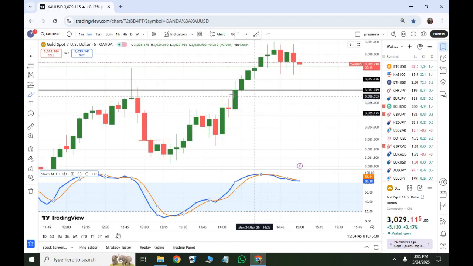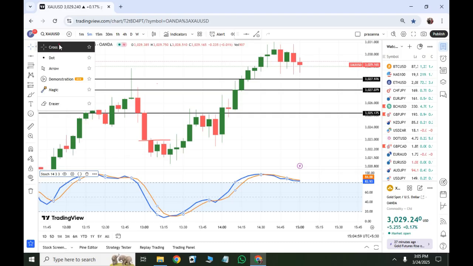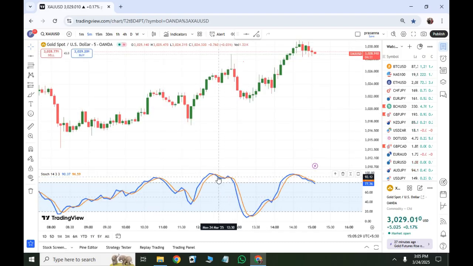So first we check the price trend, then the K value and D value, and third we check the divergence. How do we check the divergence in this indicator? Here there is a stochastic divergence.